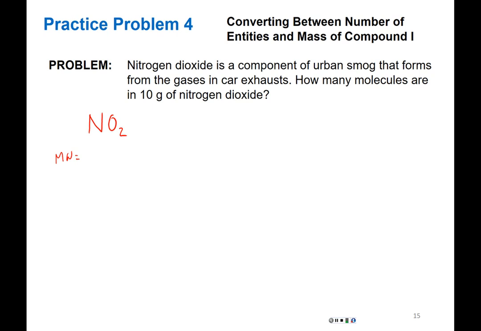So for nitrogen, that's 14 grams per mole. And then oxygen is 16 grams per mole, but we have 2 of them. 2 times 16 grams per mole. Right, so that's what we add up for this molecular weight, and we get 46 grams per mole. So that's the molecular weight of NO2.